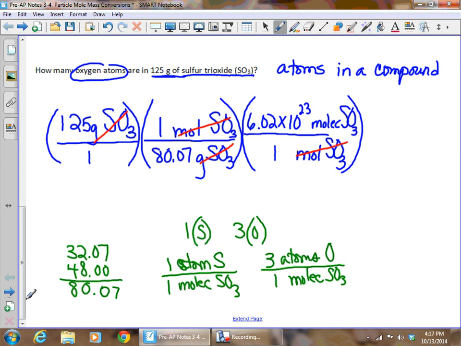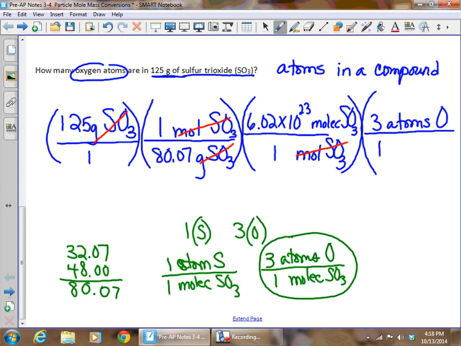So the one we're going to need is this one right here, because it's asking us about oxygen atoms. So that's going to be our final conversion factor, that there are 3 atoms of oxygen for every 1 molecule of SO3.